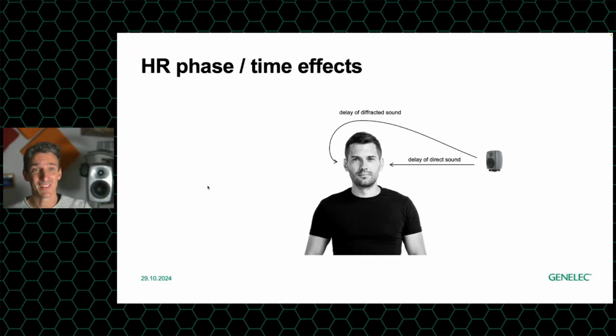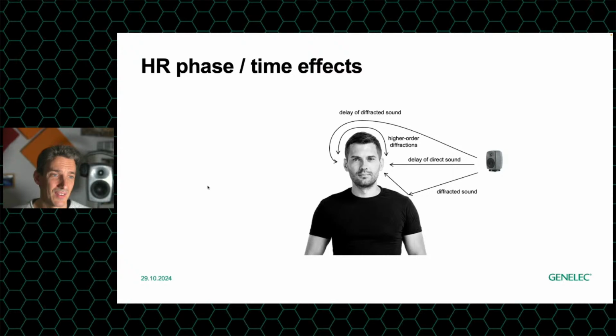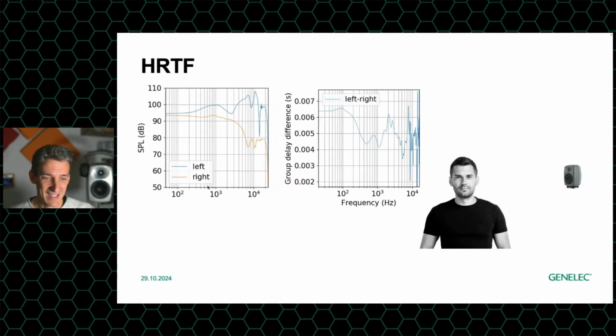And then, of course, we have phase or time effects because the sound travels longer from the left ear to the right ear. And you also have diffractions happening between the two ears, so higher order diffractions, which is pretty complex. But this is exactly the reason why so many things are happening in the highest frequencies. So an HRTF, just for this case, the speaker playing from the left, for this guy, would look like this.